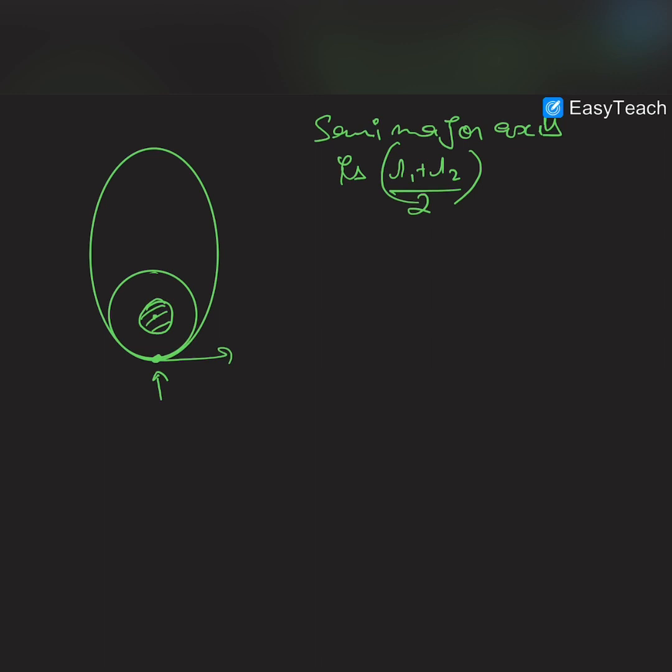So the initial energy of the satellite, the total energy before the first firing, was minus G M m by r1 as potential, where r is this r1, and the kinetic is plus G M m by 2r1.